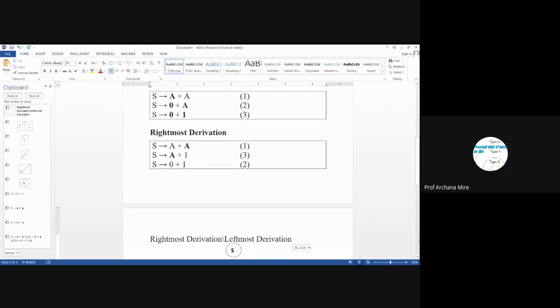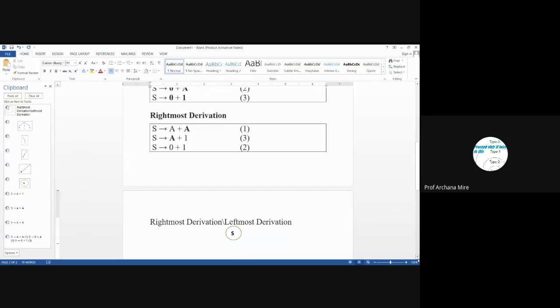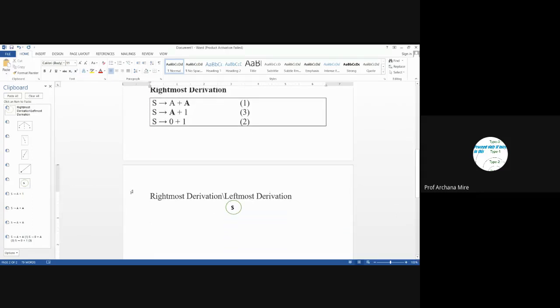Now, actually in a derivation tree, if we don't apply any rightmost or leftmost approach, then also it won't make much difference. We can apply production rules in any sequence if we are going to identify a derivation tree.